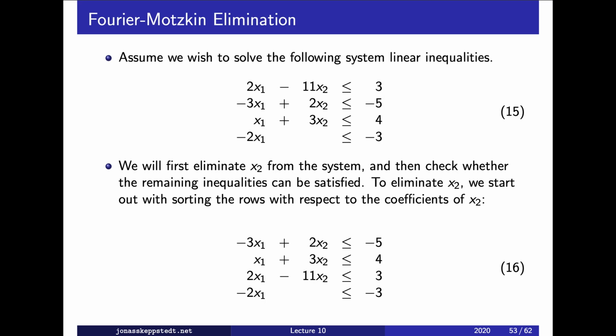So how does it work? We have a system of linear inequalities, and what we do is eliminate one variable at a time. So we start with x2 in this case.